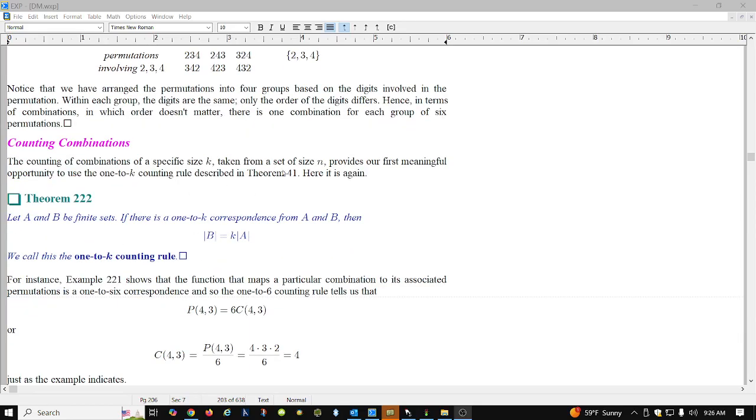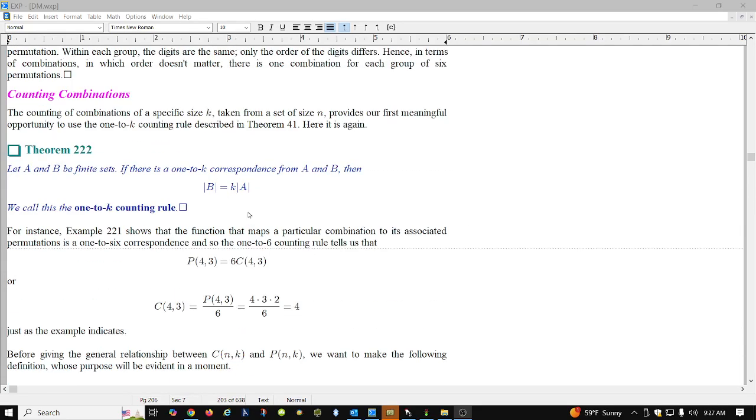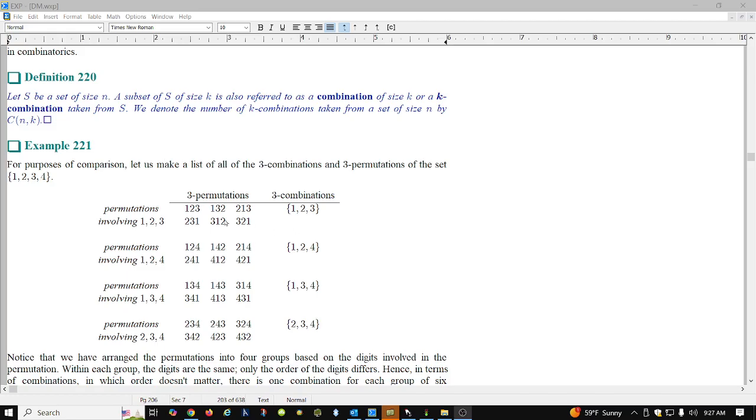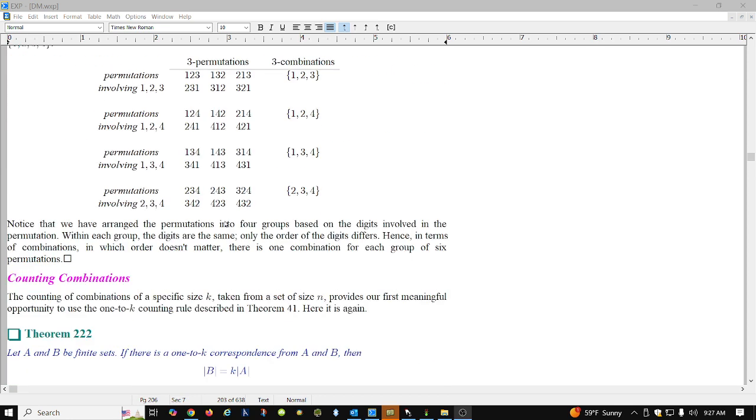Just to remind you, we talked about the 1 to k counting rule quite some time ago, so here it is again. Let A and B be finite sets. If there is a 1 to k correspondence from A to B, then the size of B is k times the size of A. I called that the 1 to k counting rule. And that's what's going on in this case, a 1 to 6 counting rule. There are 6 times as many permutations as combinations.